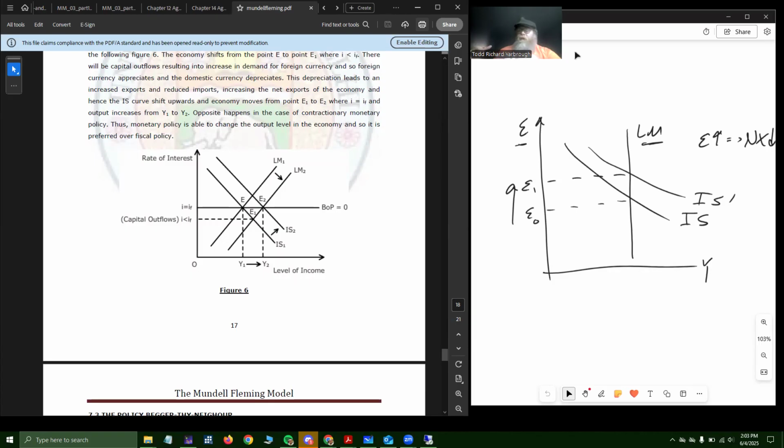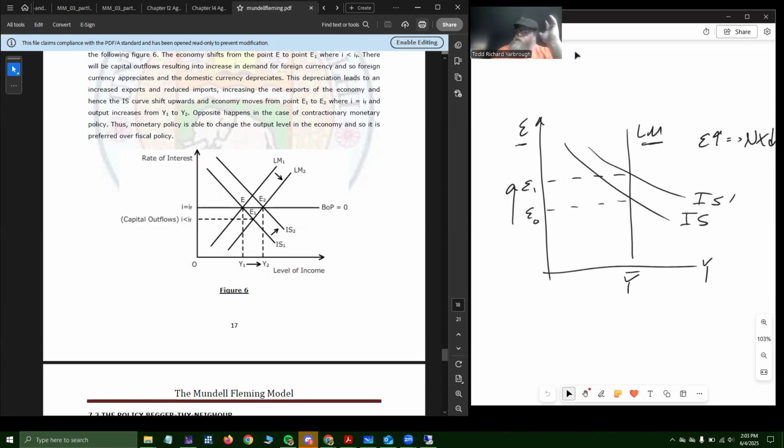The idea here is that if the government attempted to run a fiscal expansion, it's going to put upward pressure on exchange rates, and this is going to reduce net exports. The interesting thing here is that the net result is no change in output, but we put upward pressure on exchange rates. That's the story here.